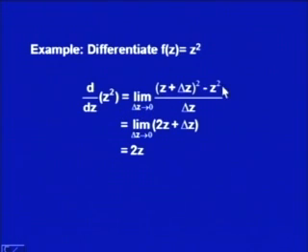When we simplify the numerator, z square and z square cancel out, and what we have is 2z into delta z, plus delta z square. Dividing by delta z, we are left with 2z plus delta z. So the limit of 2z plus delta z as delta z tends to 0 is 2z, or we say the derivative of f z is 2z.